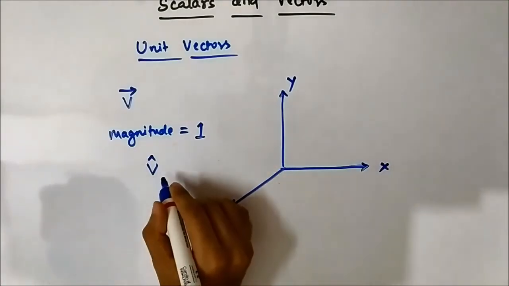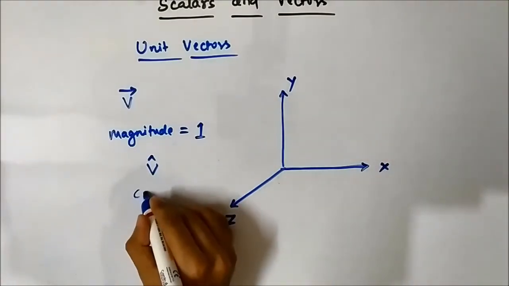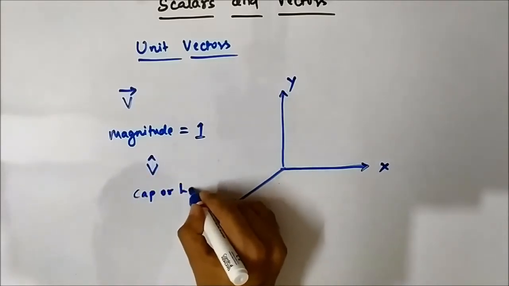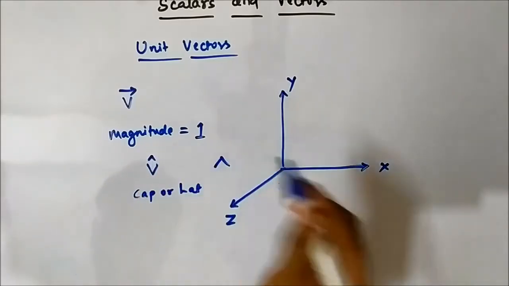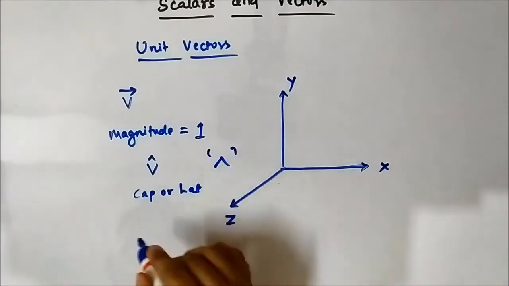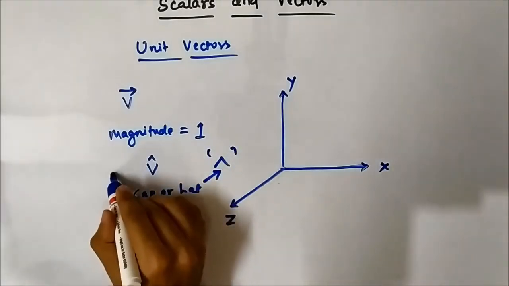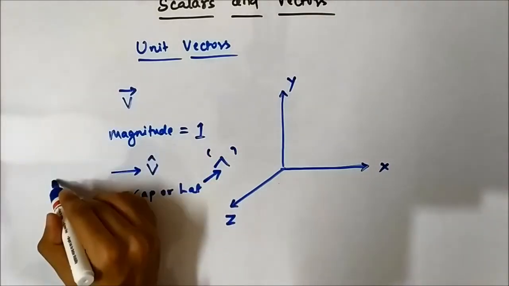V cap, or hat, it is also called cap or hat. This is the unit vector of V vector.